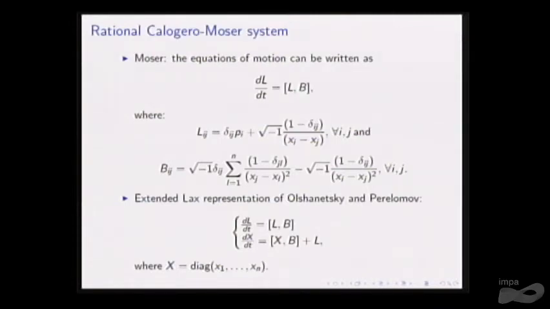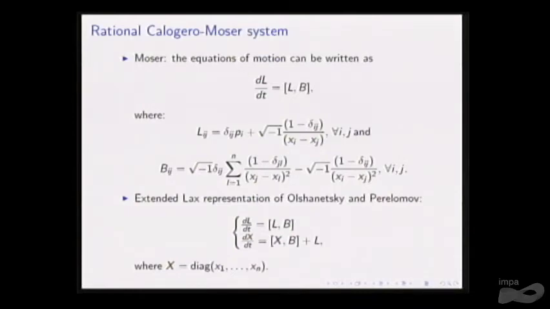So this means that you can find two matrices in general. Let's call them L and B. And the equation of motion, well, at least this equation here, is in principle equivalent to the equation of motion of the system, where in this particular case, the two matrices, Lij and Bij, are, in the first case, the matrix that we have there, and the second matrix is the matrix that we have on the second line.